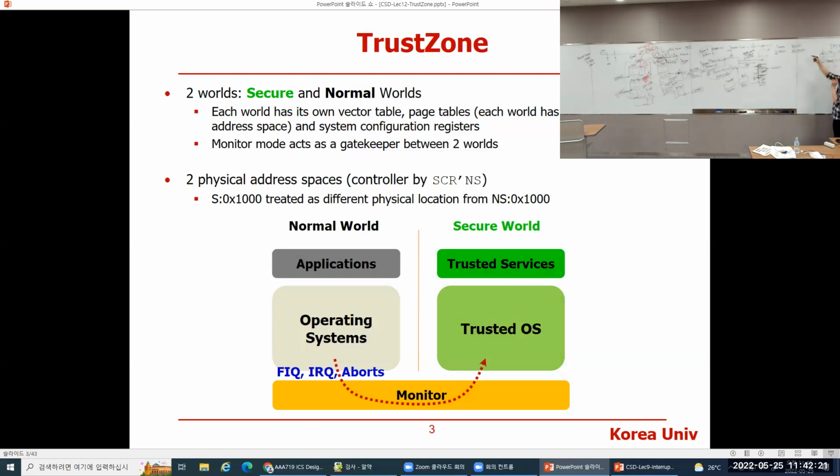Actually not 1,000, it is supposed to be just a small field. 1,000 and some data. Let's say the data is just 1. So 1 is stored here. Then the normal world access is supposed to be NS, NS means 1. NS 1.